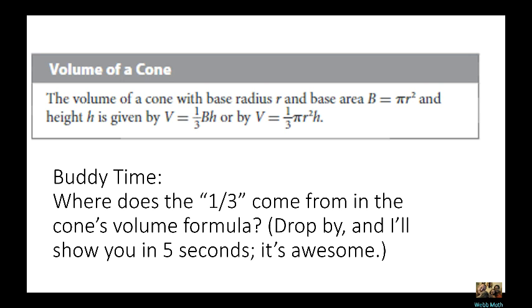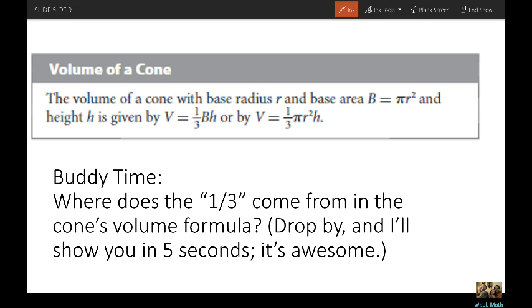One of the things that you need to realize is the base of a cone is really just a circle. And if you remember volume, it's about the area of the base, and the base here is really just a circle, so it's pi r squared. And then you have to factor in the height. This is not a full cylinder, and that's exactly why we end up using the 1/3.